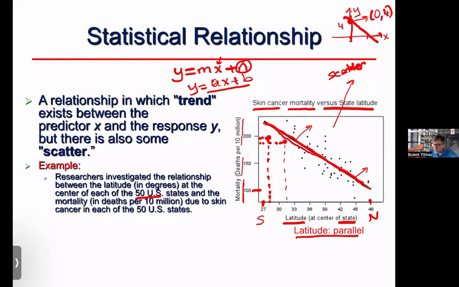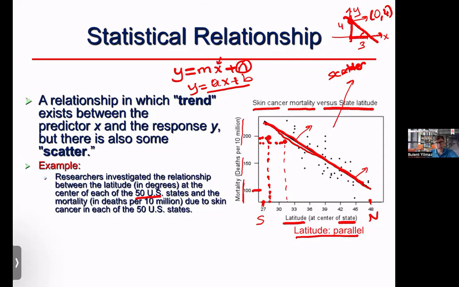When y is equal to 0, this is, let's say, 3, right? So this is called intercept. We will talk about this, and we will talk about the slope. Okay, what's the slope? Tangent of this, 4/3, but because it is reverse, it should be minus 4/3. We will talk about these.